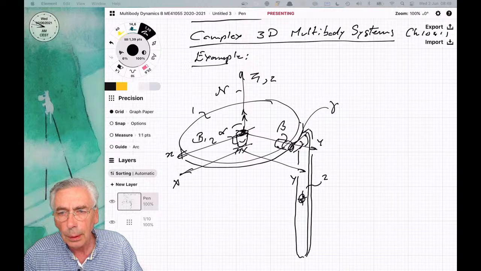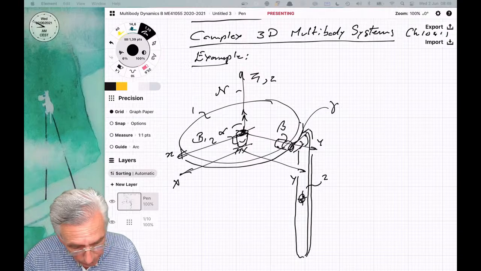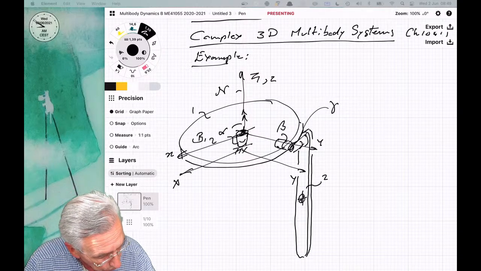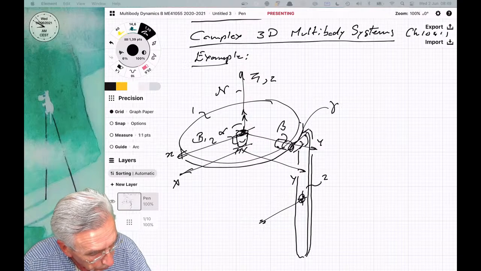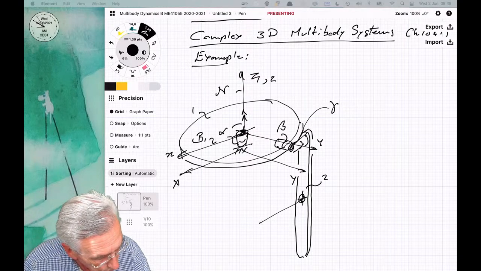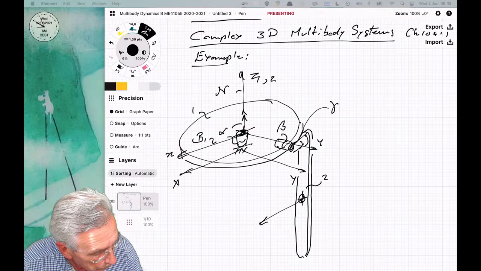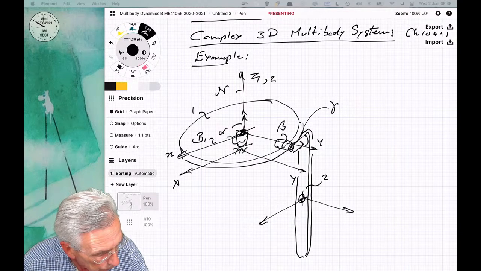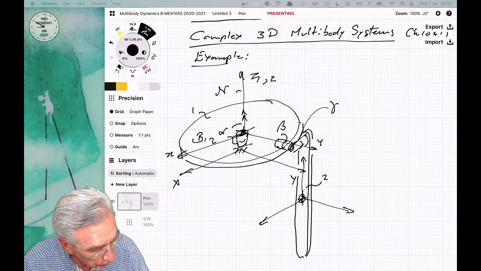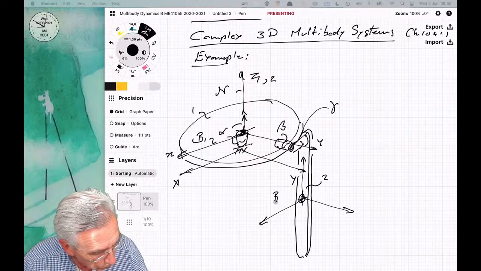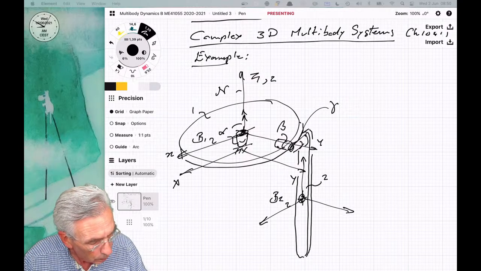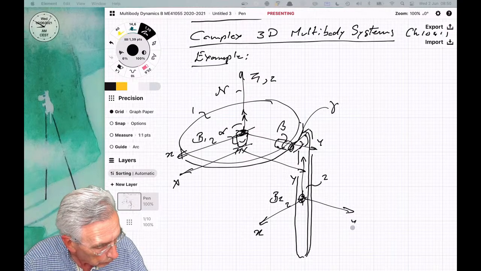Then let's put some body-fixed triad system there. We'll call it B2, and again we can use just X, Y, and Z.